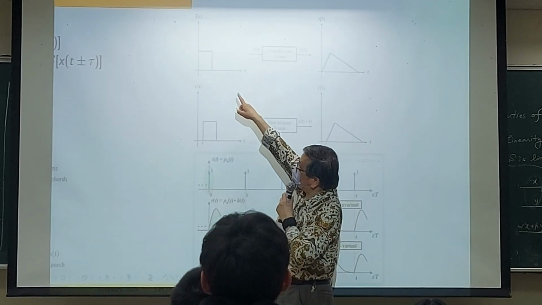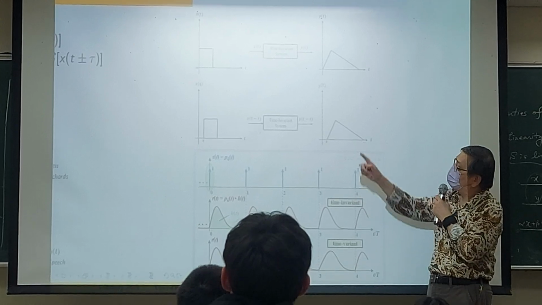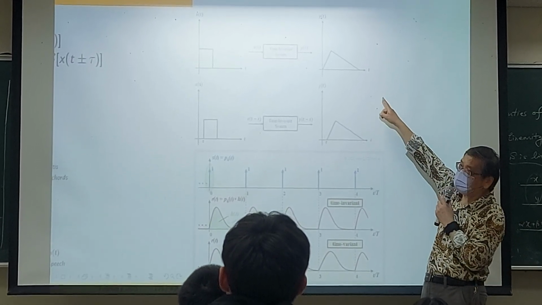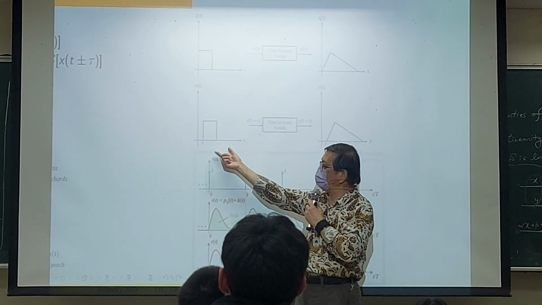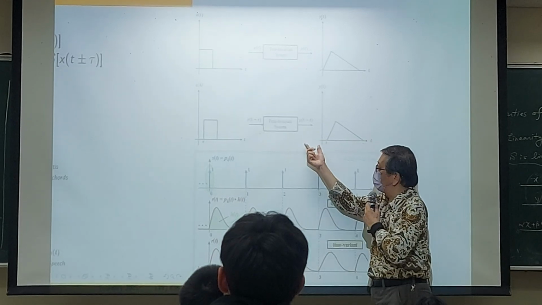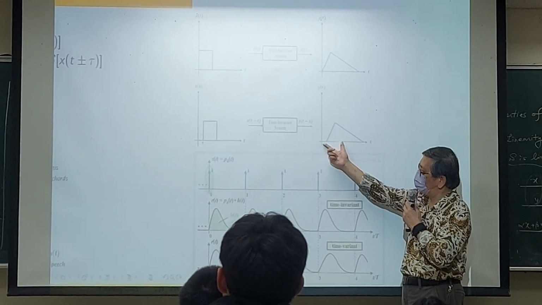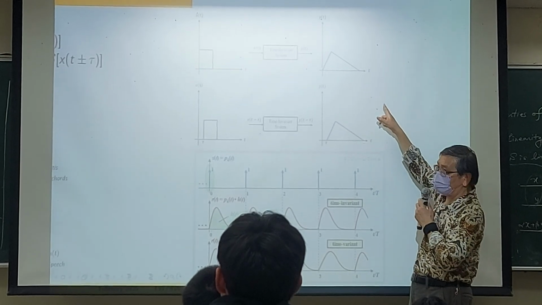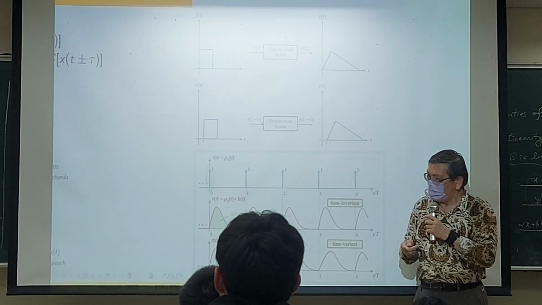If I have a signal, which is a rectangular box, and go through a time invariant system, suppose this is the output, and then if I delay the signal by tau seconds, then the output also delays tau seconds.